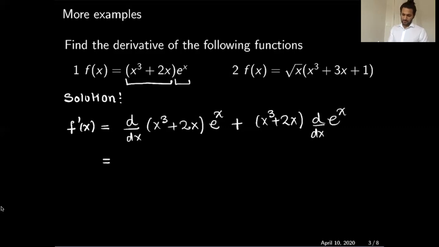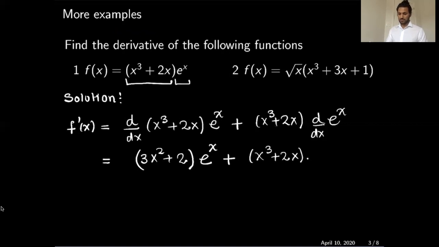And then I will write down the derivative of x cubed plus 2x, which will be 3x squared plus 2, using the power rule, times e to the power x, plus x cubed plus 2x, and the derivative of e to the power x is just e to the power x.